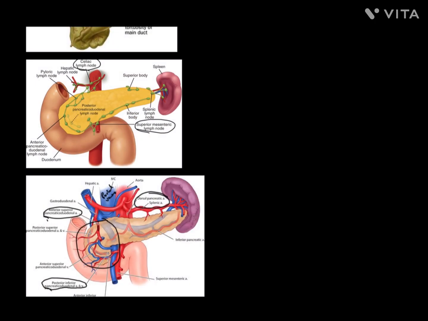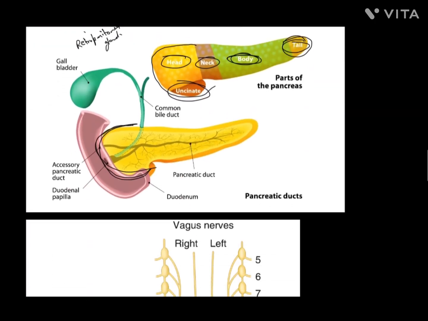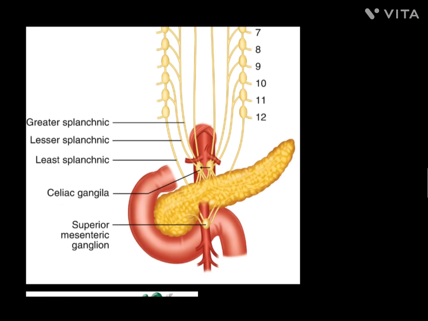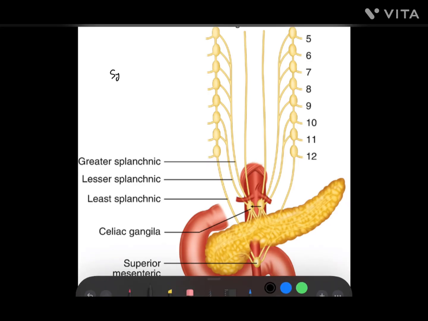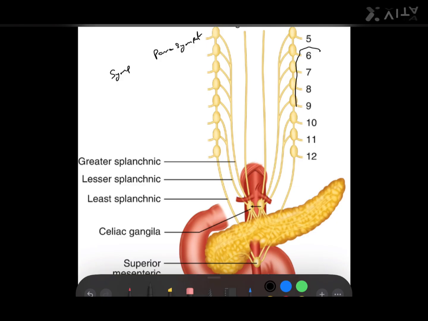Next we can see nerve supply of the pancreas. Whenever we are studying the nerve supply of any organ, we have to divide it into two parts: sympathetic and parasympathetic. In sympathetic we can see T6 to T10, everything related to pancreatitis.